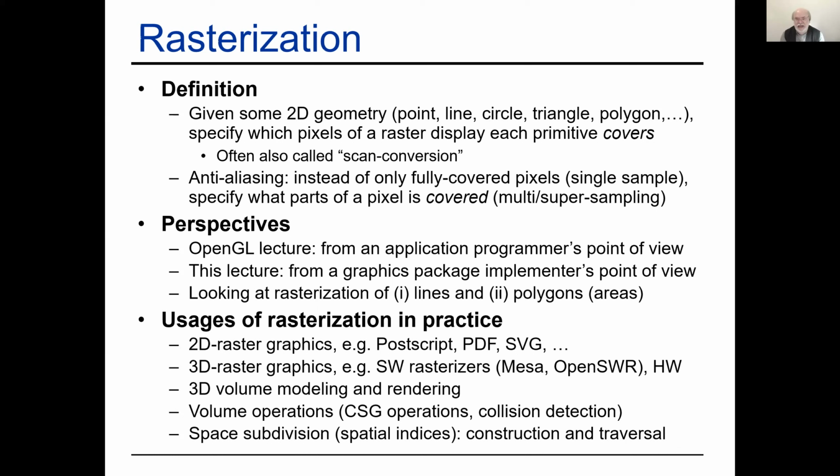Rasterization, of course, has many other usages. So there's 2D rasterization. For instance, in a printer for PostScript or PDF, you need to convert high-level descriptions of polygons and colors, color gradings, linear ramps of colors, and fonts that need to be rasterized, all of that stuff.